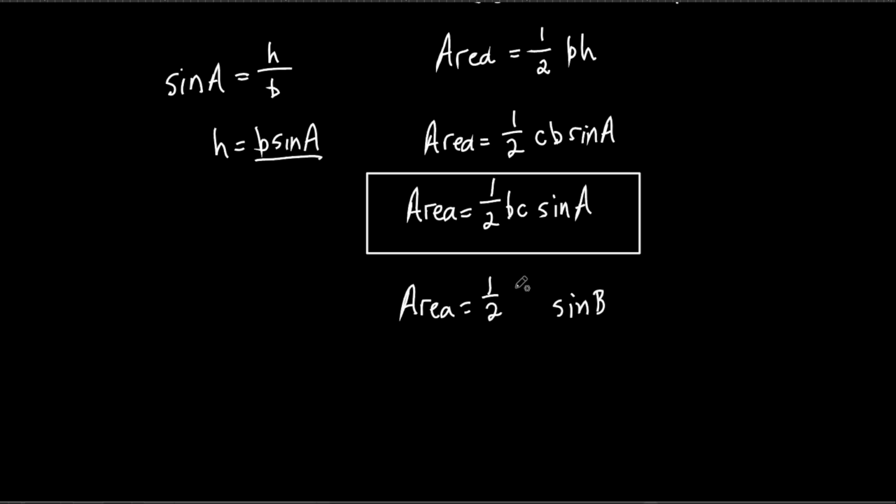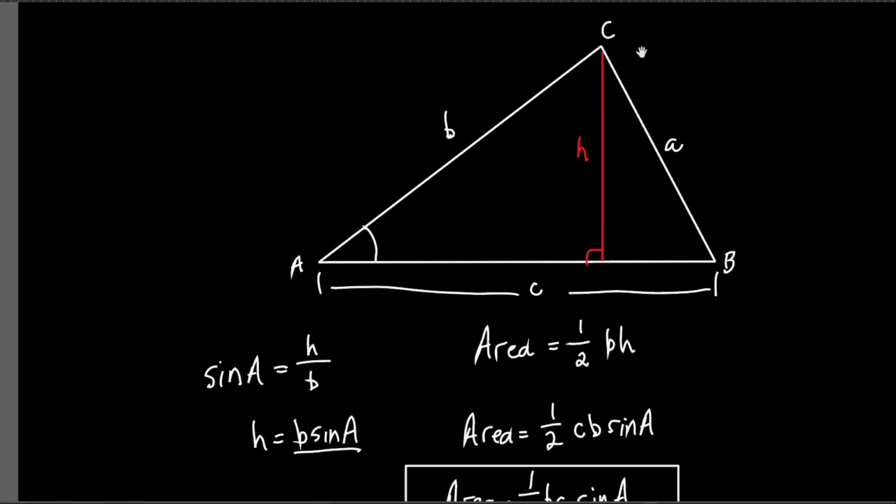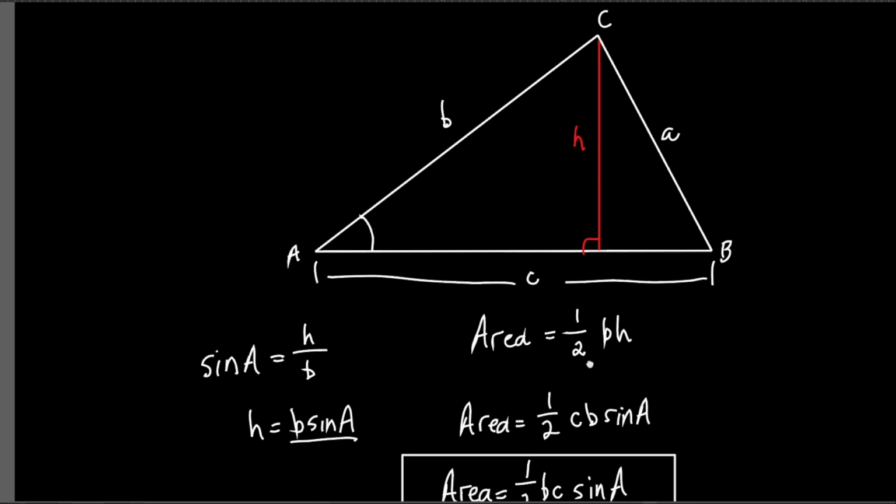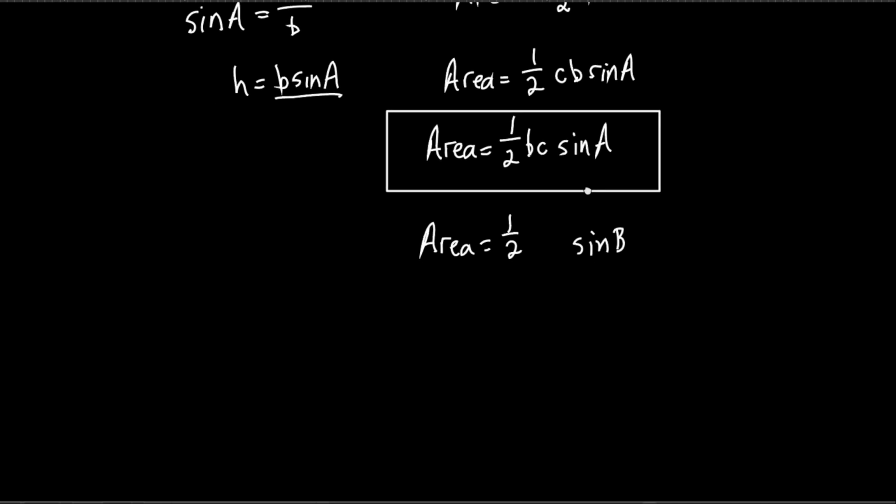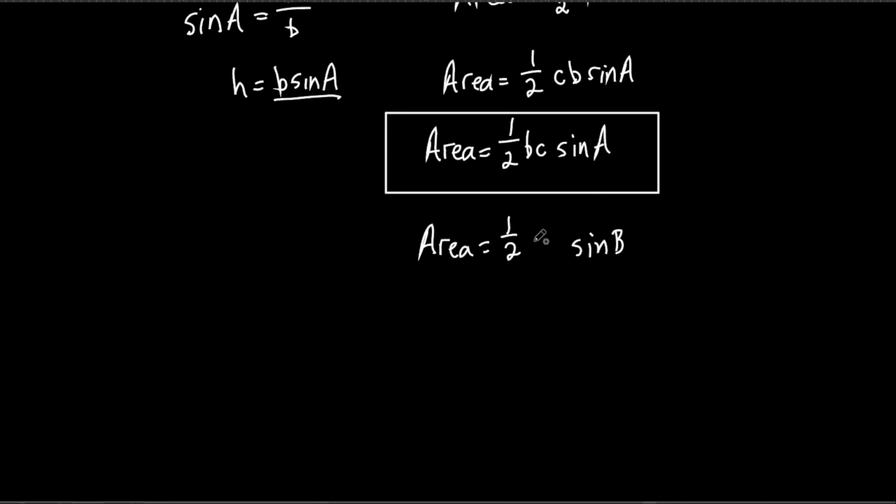If you wanted to, you could take this whole situation, use angle B, say this is your base, and then your height would be from here to here. You could redraw that 2 more times. I'm not going to, for the sake of time. But what it basically comes down to is this: I'm going to get an A and a C right there. So let's put that in a box.